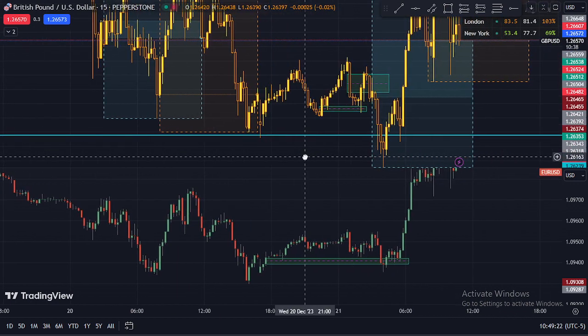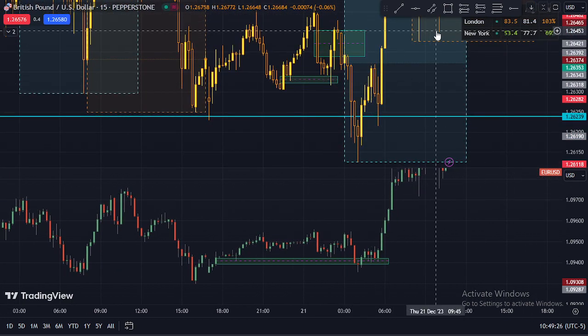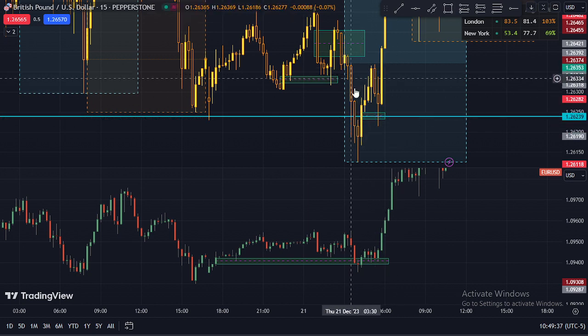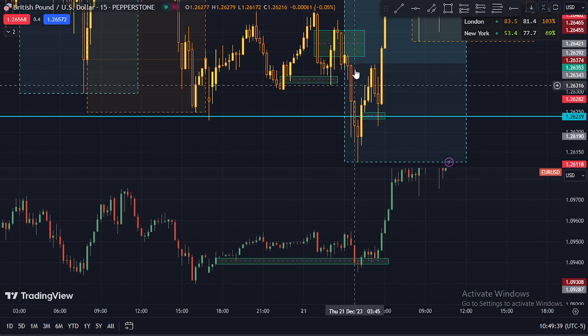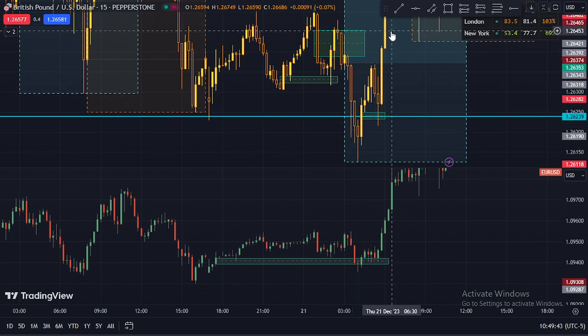Then we had a fair value gap right here, right there. So price went up, traded inside this fair value gap, came down, traded inside this one, then moved to the upside.